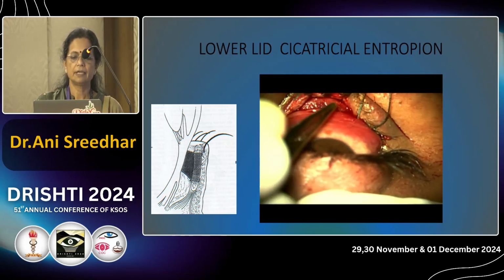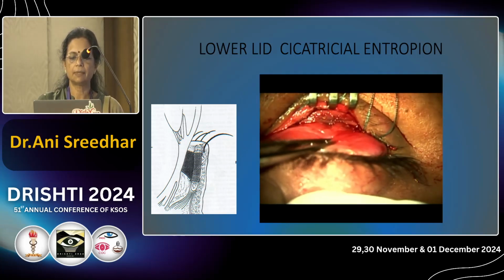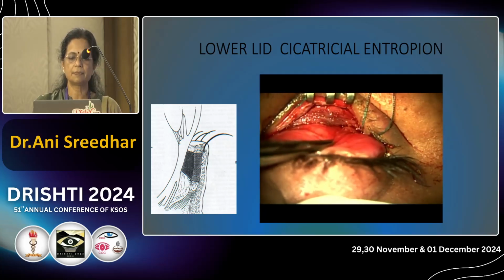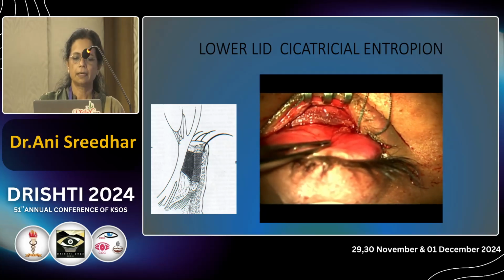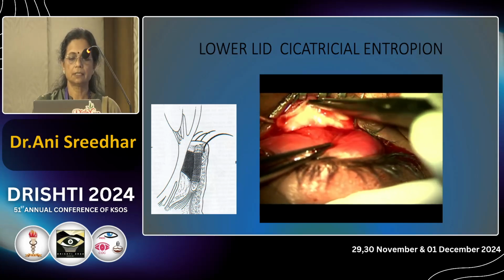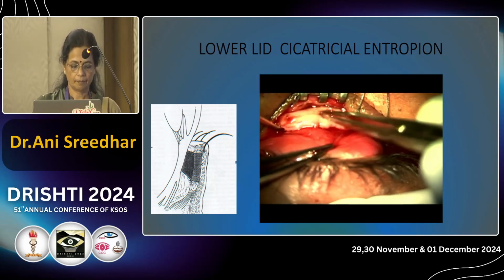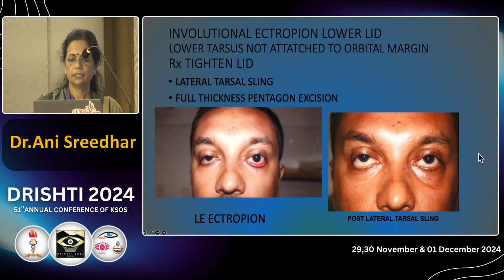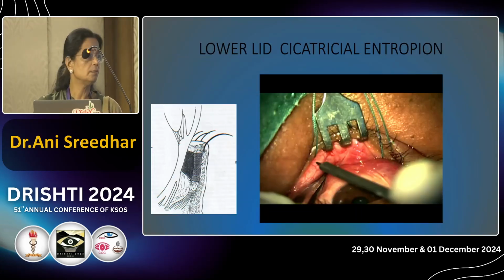So here I have incised the vertical retractors completely, and you can see the orbicularis in the depths of the incision. And now with glue, a mucous membrane harvested from the lower lip is placed there. Here too the immediate post-op will look good, but after some time it retracts to the original position.